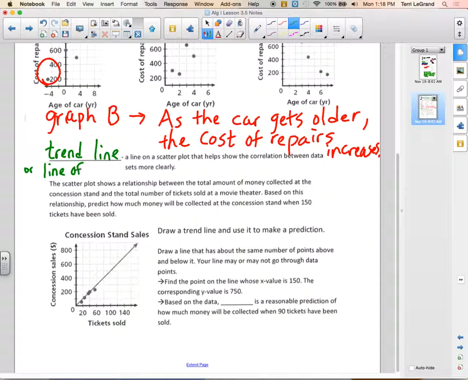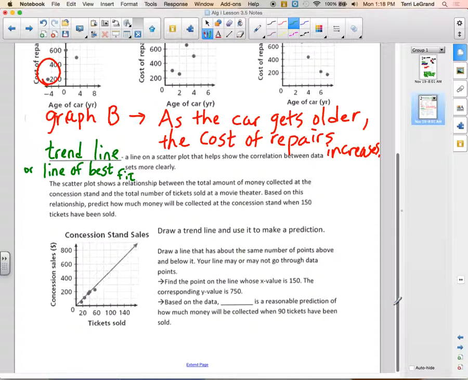I want you to start right now getting those two phrases put together. Trend line means the same thing as line of best fit. So if I say to you, draw a line of best fit, I'm saying the same thing as draw a trend line, okay? Because I tend to call it a line of best fit more than I do a trend line. So I want you to know what I'm talking about.